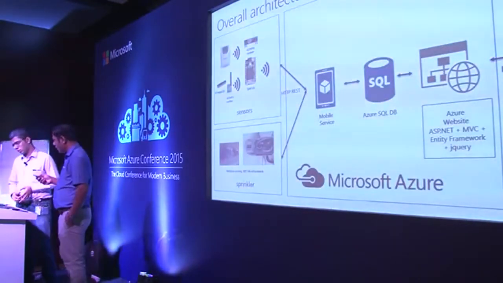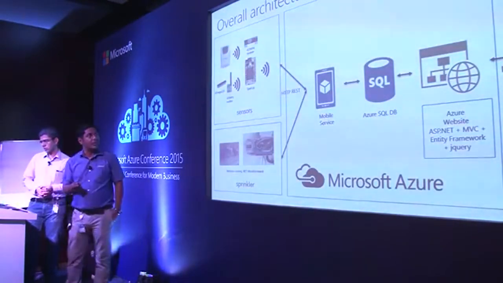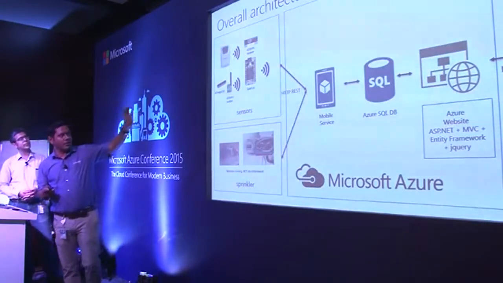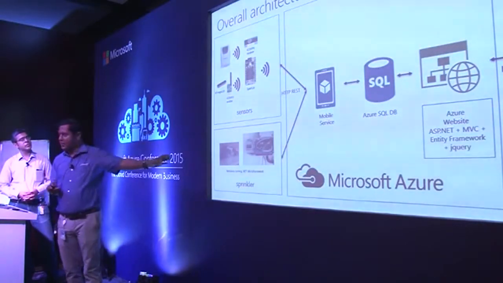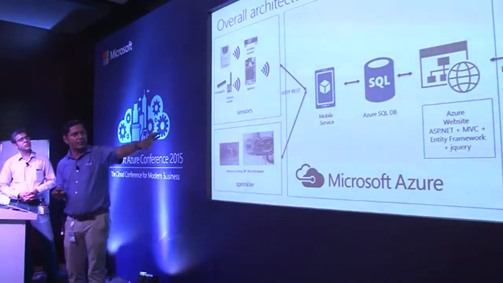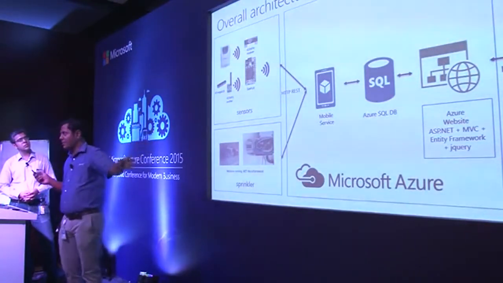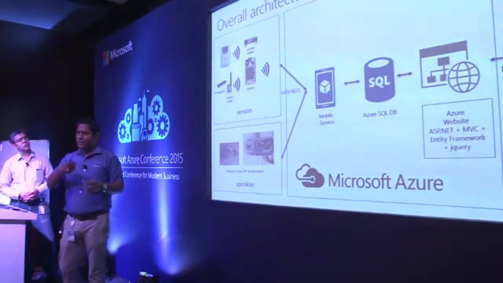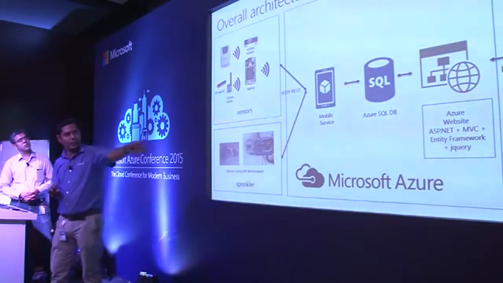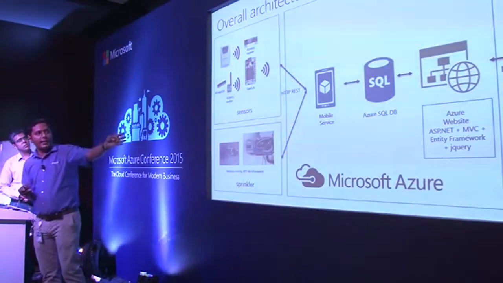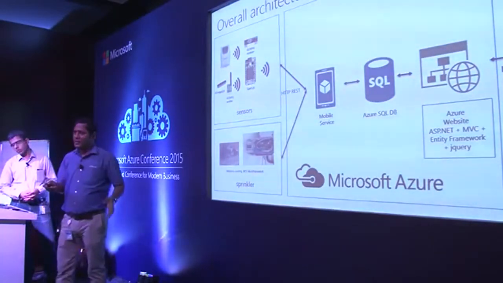And this is the overall architecture, a very simple architecture. We have this small set of sensors and the sprinkler system, which is connected to the mobile services using HTTP REST, and that goes to mobile services, which, as Saurabh mentioned earlier, directly connects to all the backend. So we are already connected to Azure SQL database, and then the website, which is also a PaaS service, right?